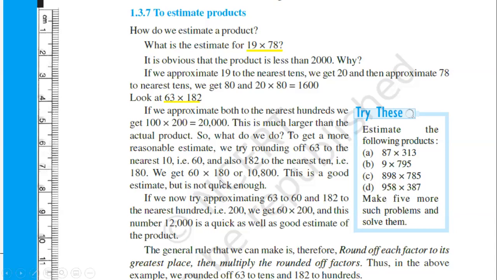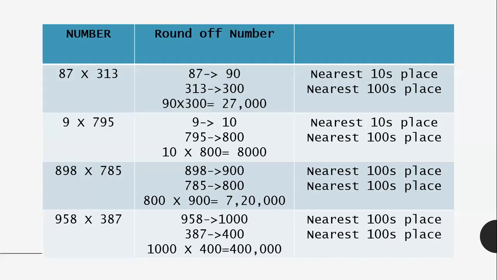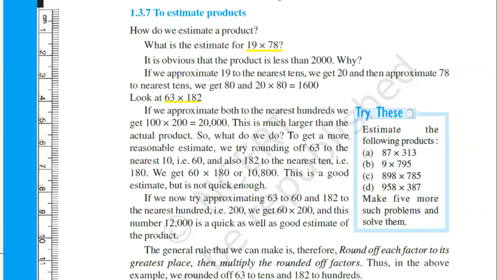So to get the safest and quickest answer, the third way, which is very commonly used: we approximate 63 to its nearest tens place, that is 60. But for 182, we take the nearest hundreds place approximation, which is 200.